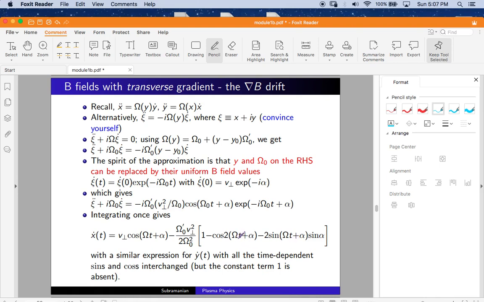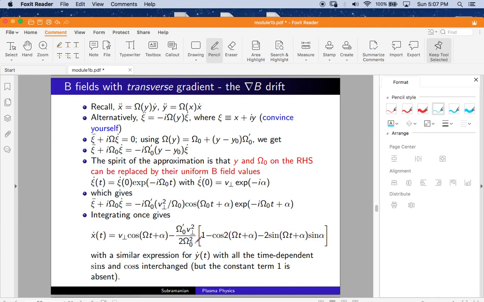So you've got a cosine oscillation, you've got a constant term, and a cosine 2 omega, right? A 2 omega is a fast oscillation. And also a sine. So this and this are kind of on the same footing, but this is a faster oscillation.